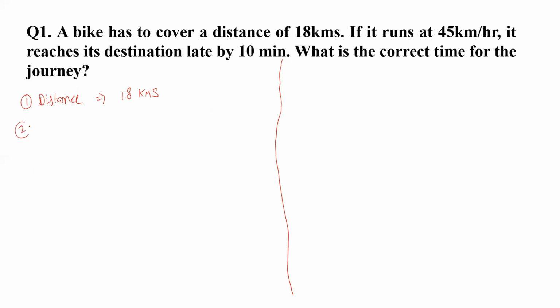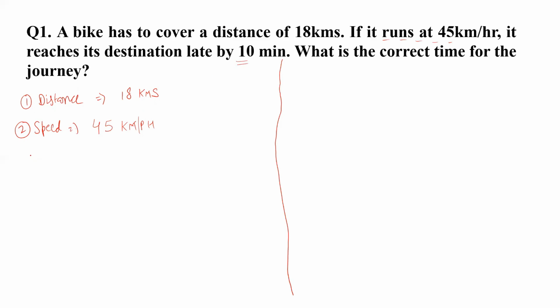The second thing, speed has been given to us, and this speed is a conditional speed. So you can read the next line: if it runs at 45 kilometers per hour. So I'm writing here 45 kilometers per hour. And finally, it reaches its destination late by 10 minutes.